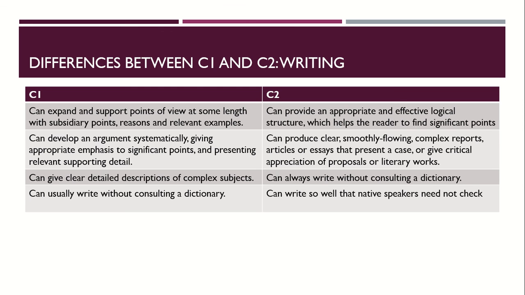I mean, if we are in C1, we almost have a good use of the language. In C2, we have to improve very much, and we can also have almost the level of a native speaker. So I hope that this video is useful for you, and this information can be used by you to get some information about it.